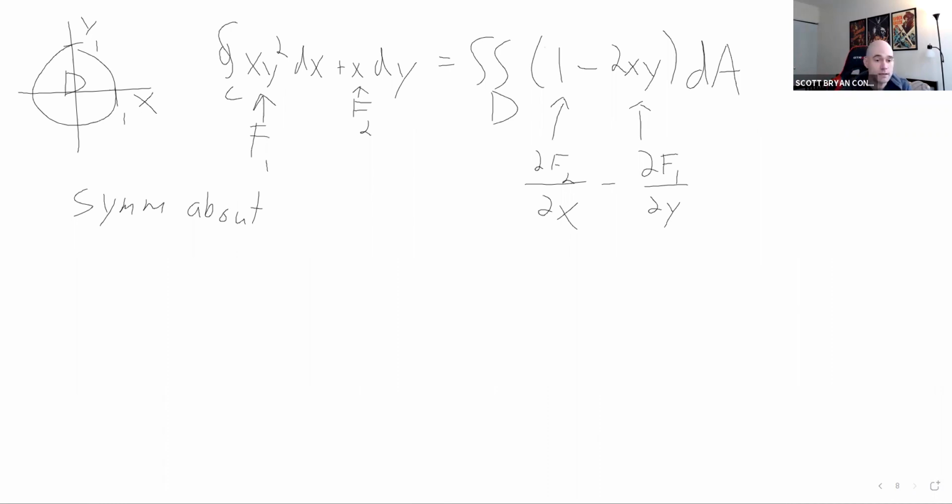So do we have symmetry about x equals 0? Right, our enclosed region, yes, we do. Symmetry in the x direction about x equals 0, the y-axis, yes, we're mirror image left and the right. And then same thing, symmetry about y equals 0.